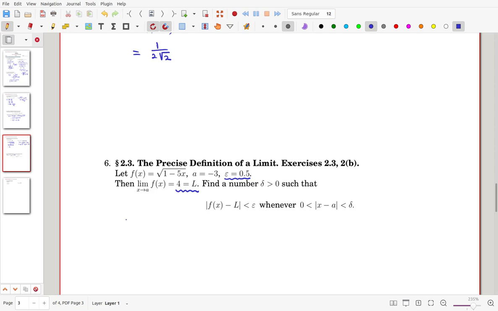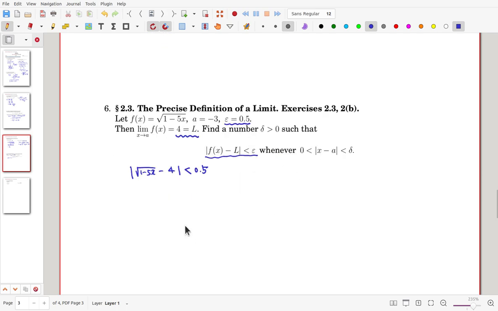Okay, so we start with that inequality. f of x is now square root of 1 minus 5x, and L is 4, and bounded by epsilon, given as 0.5. So we have to reach some upper bound and lower bound of x. So we peel it out so that later on we get x standing alone.